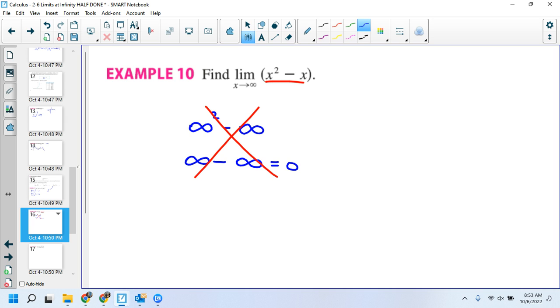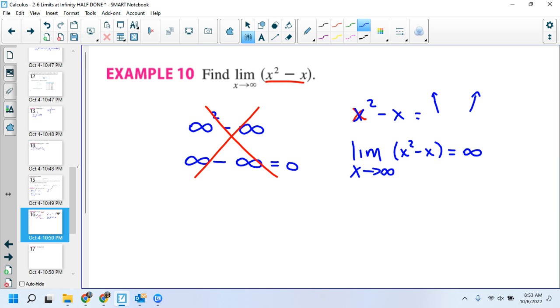Analyze the function on the inside. X squared minus x. What's that going to look like? Positive even. Up on the right, up on the left. The limit as x goes to infinity, that's saying on the right side, it goes to infinity.